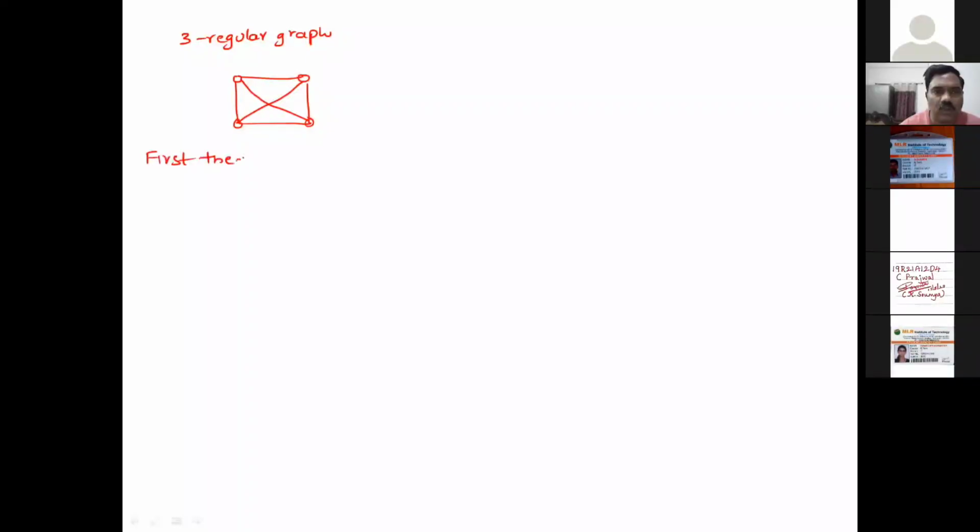Of course, we just give the statement of the first theorem of graph theory. It tells you that you take any non-directed graph, the sum of degrees of all the vertices is always equivalent to 2 into the number of edges. Okay, that is the theorem statement.